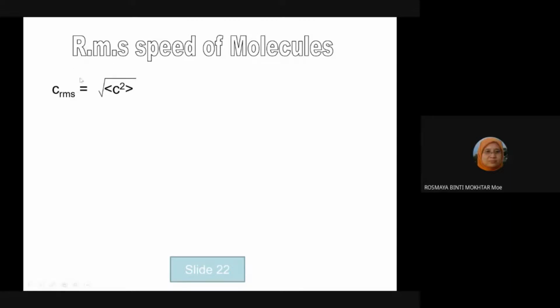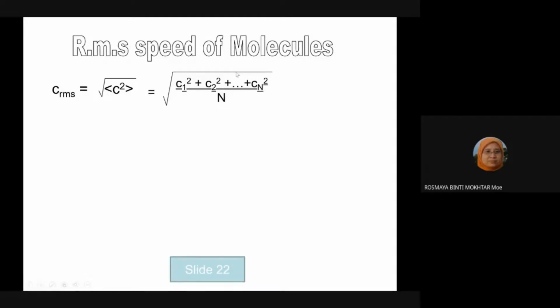From the previous discussion, this is the relationship between RMS speed and the mean square speed. Continue from here. This is for one molecule. For many molecules, C1 squared plus C2 squared plus dot dot dot plus Cn squared divided by n.